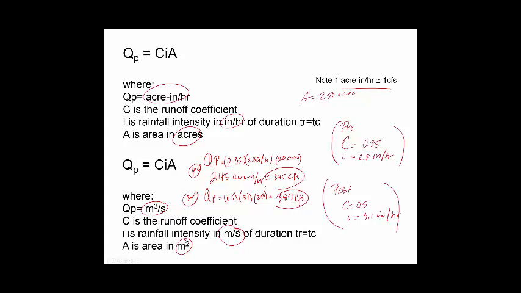So we have increased 387 minus 245. So 142 CFS. So by having that construction, you have increased the runoff by 142 CFS, or 142 acre inches per hour. So you have to provide that additional storage to manage that stormwater runoff.